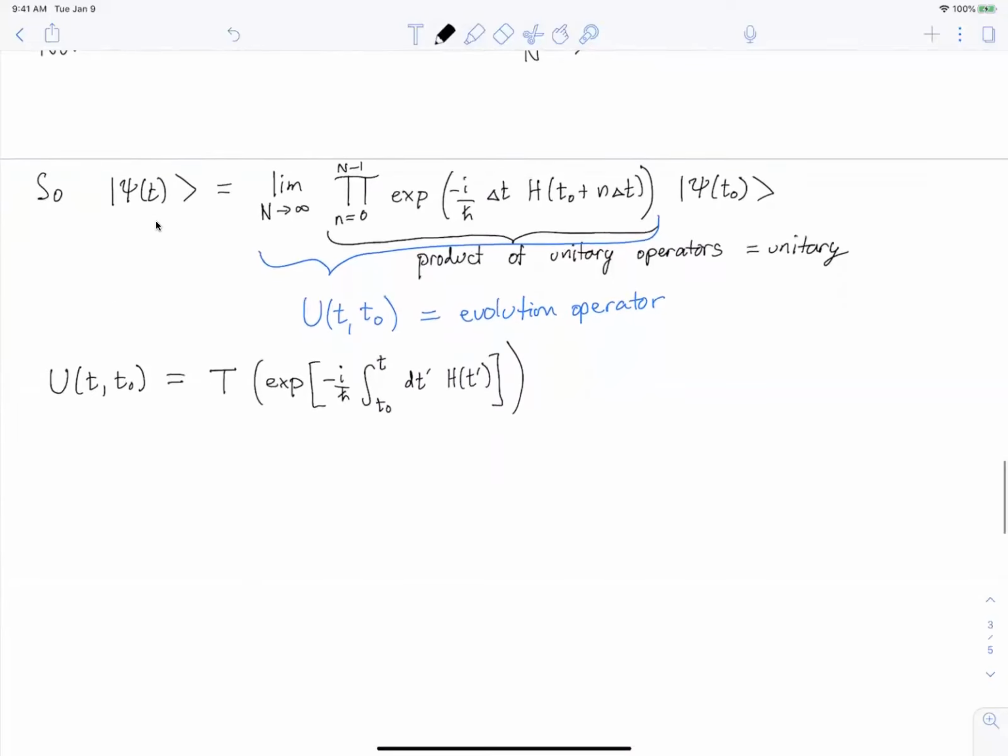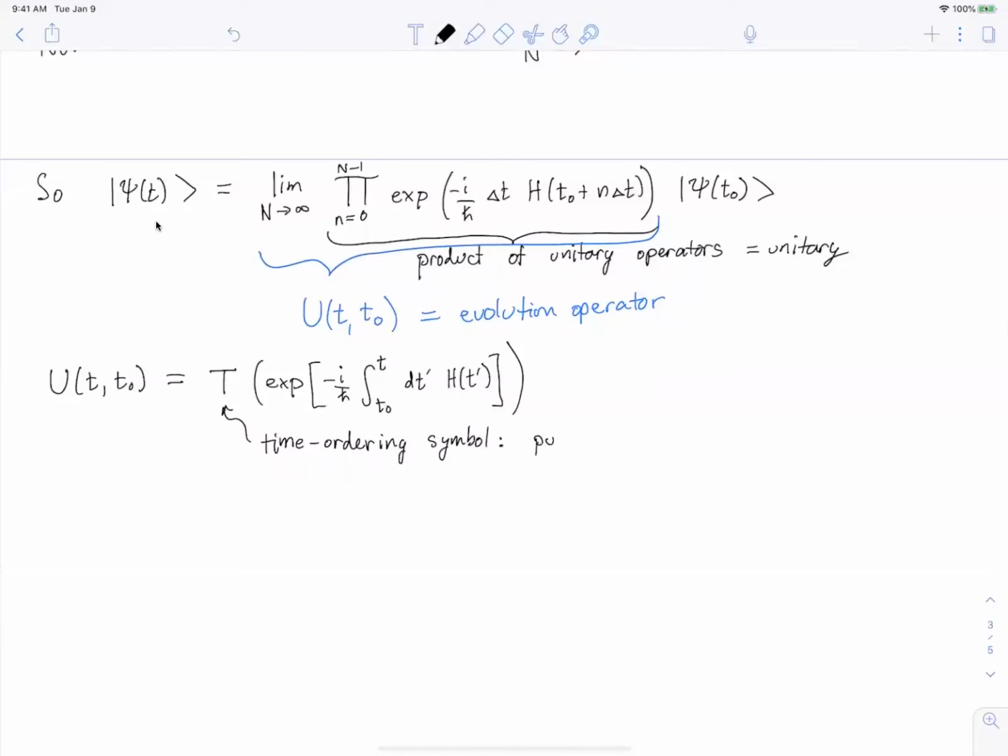Okay, and now getting back to what this T thing is, this is known as the time ordering symbol. All it is, is an instruction in whatever follows, namely this exponential of an integral, to put every Hamiltonian in the right time order.